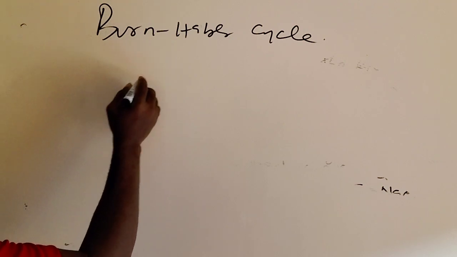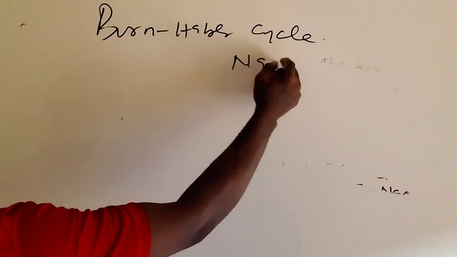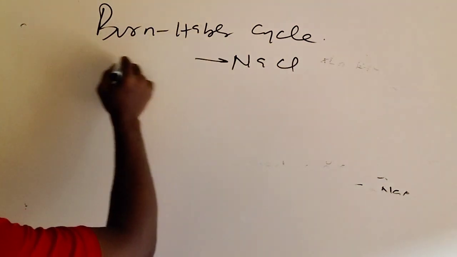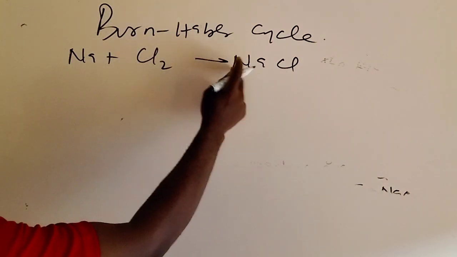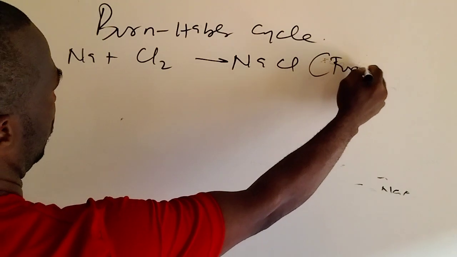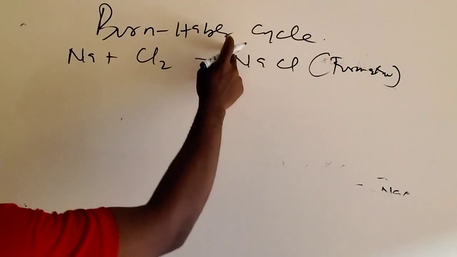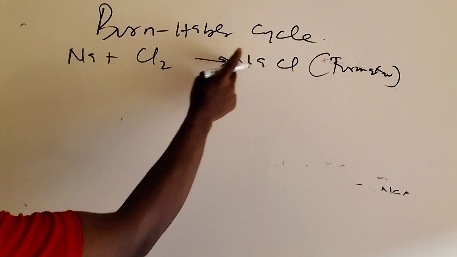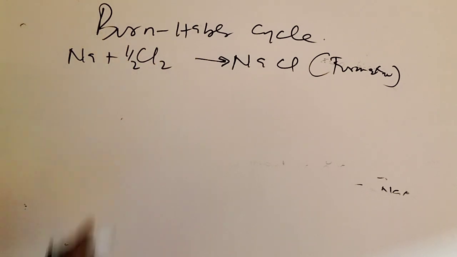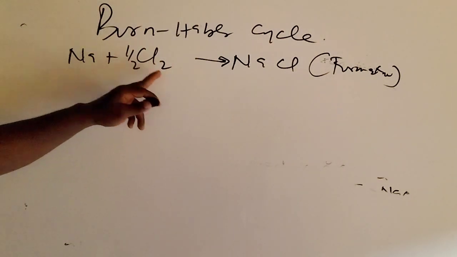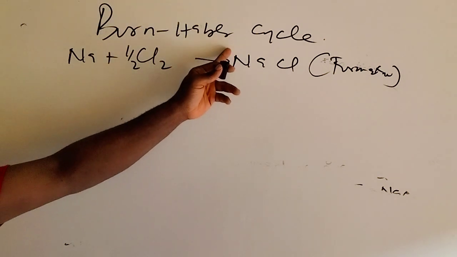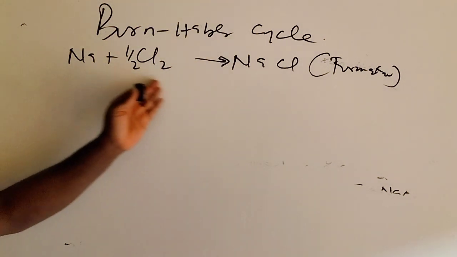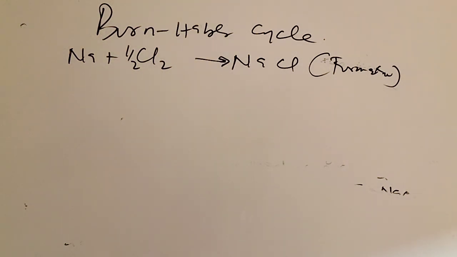Sodium chloride is formed by combining its elements, sodium and chlorine, giving us 1 mole of sodium chloride. To balance the equation, I put half here. Half times 2 gives us 1, so we get 1 mole. The energy involved in making 1 mole of sodium chloride from these elements is the enthalpy of formation.